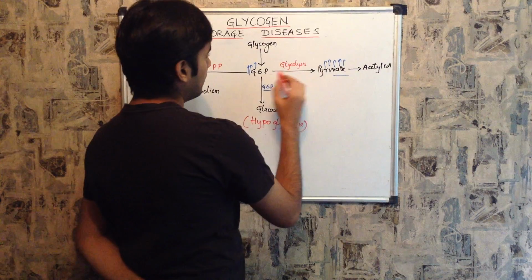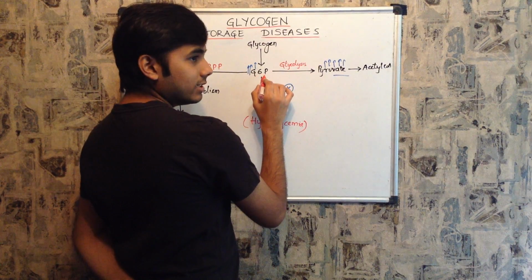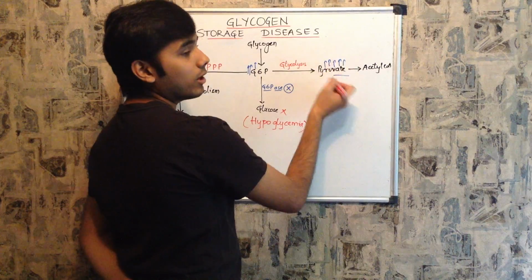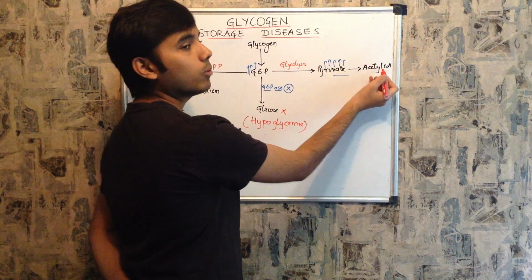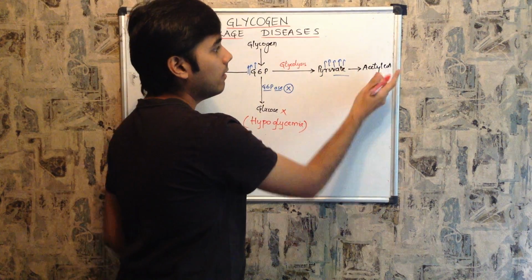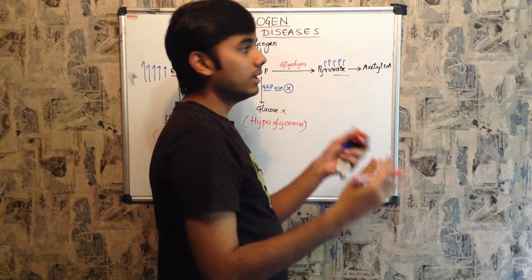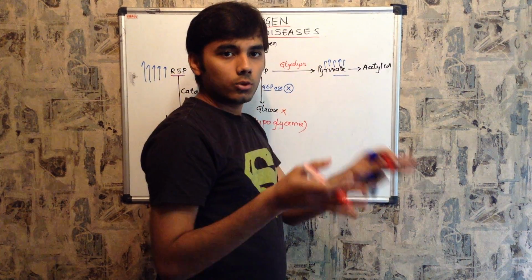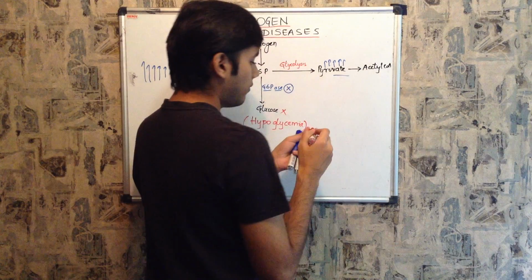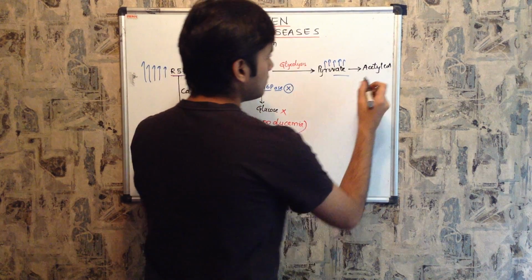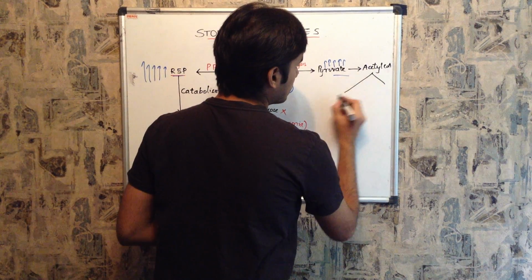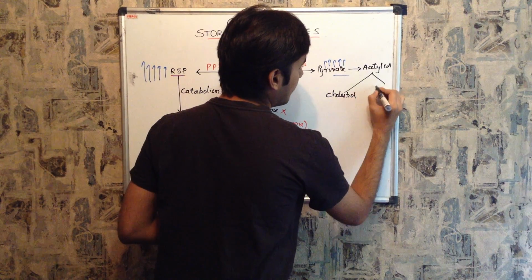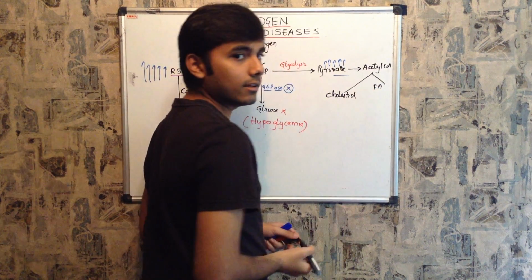Now coming to the third. More and more G6P converts into more and more pyruvate, right? More and more pyruvate converts into more and more acetyl-CoA. When excess acetyl-CoA is formed, it enters into the Krebs cycle and finally results in the formation of cholesterol and fatty acids, right?